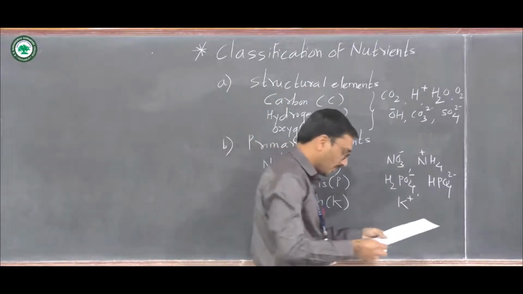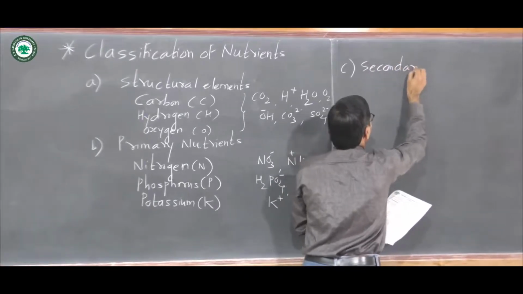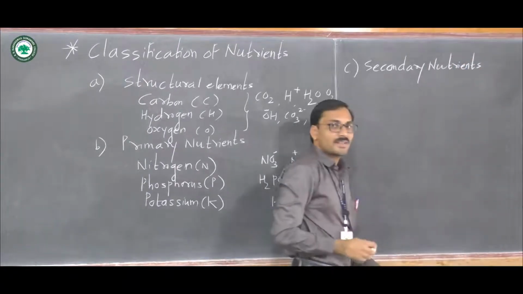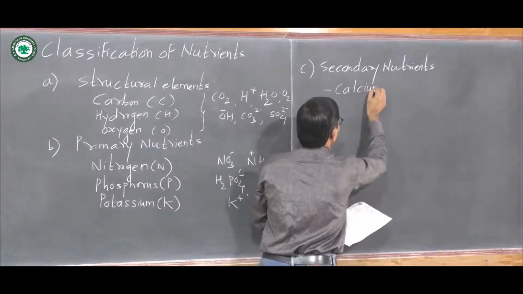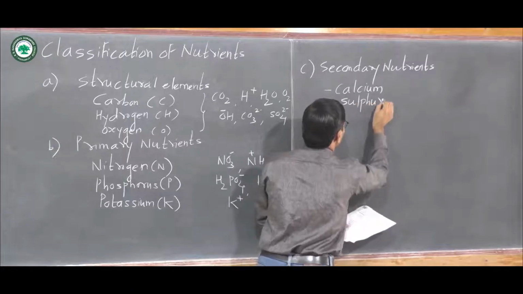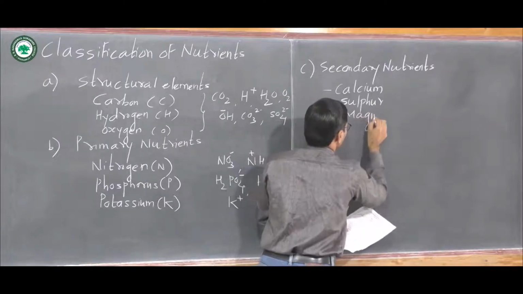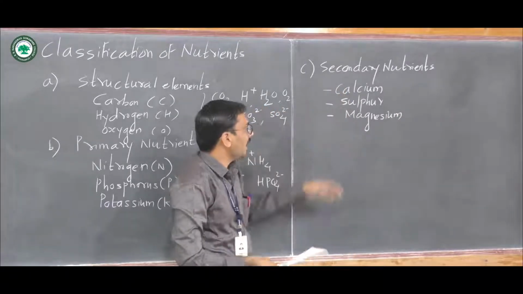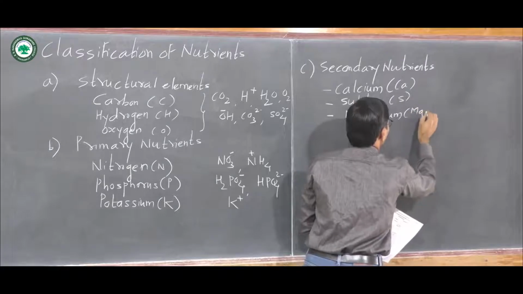Next type is secondary nutrients. Secondary nutrients include calcium, sulfur and magnesium, that is Ca, S and Mg.